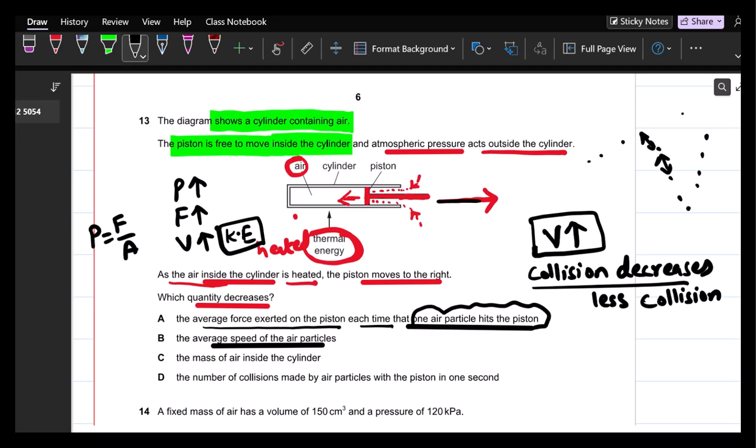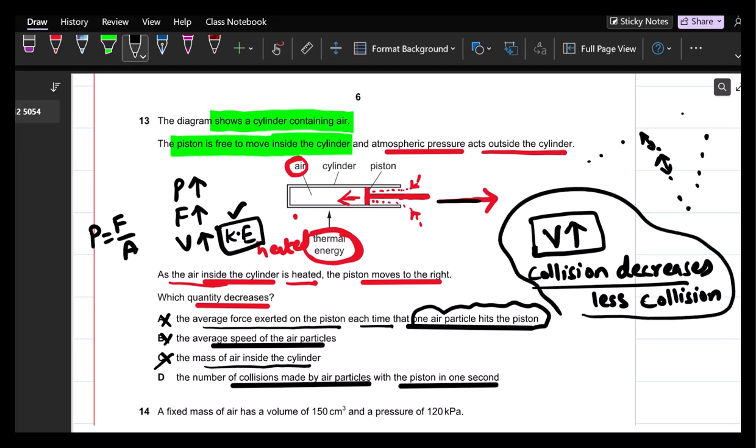No, average speed will increase because kinetic energy increases as thermal energy is transferred. The mass of the air inside will not change. So these three options are wrong. Number of collisions made by the air particles with the piston in 1 second. Yeah, this is possible. And I also explained this कि जो collision होगी वो decrease कर जाएगी. So D is right here.